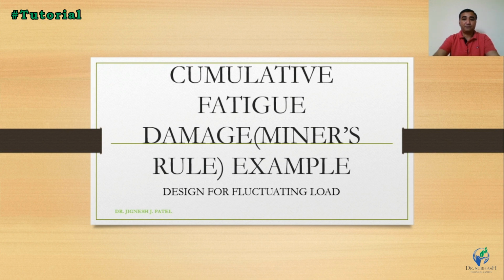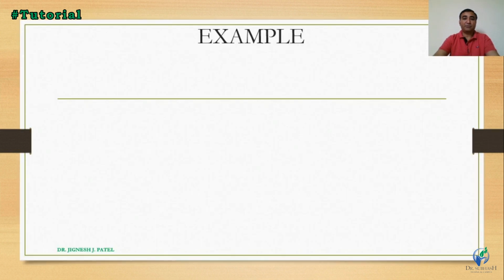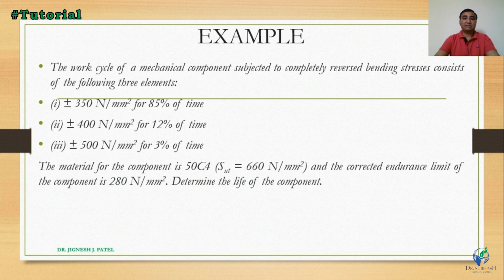Today we are going to learn about the cumulative fatigue damage, or Miner's rule, with one example. Let us take the example. The work cycle of a mechanical component subjected to completely reversed bending stress consists of the following three elements: plus minus 350 Newton per mm square for 85% of time, plus minus 400 Newton per mm square for 12% of time, plus minus 500 Newton per mm square for 3% of time.